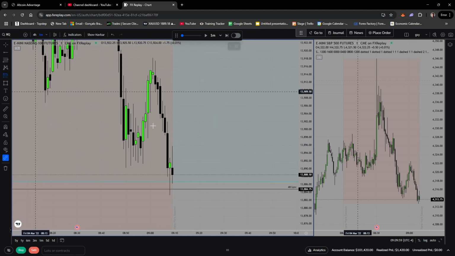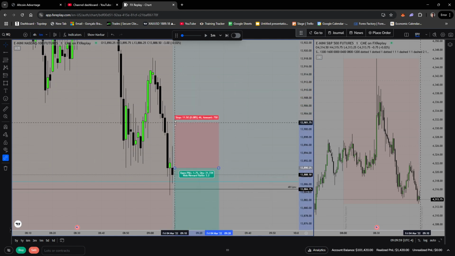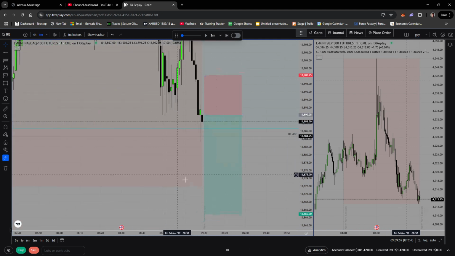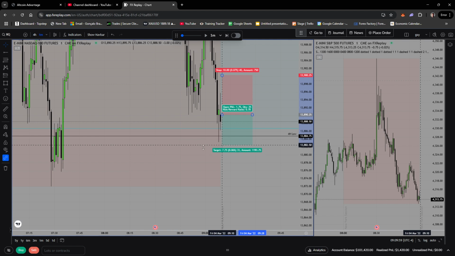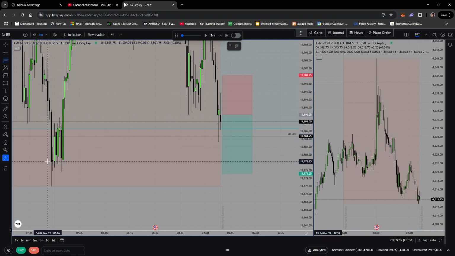We may try this. Do I want to take this little volume imbalance? Kind of. Stop loss placement above the gap. Where would we target? So we got the CE of this low.